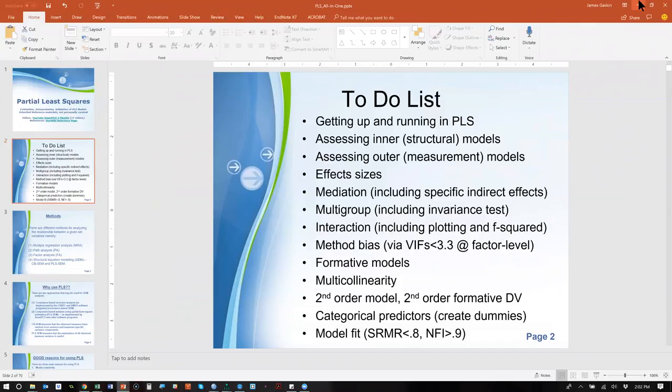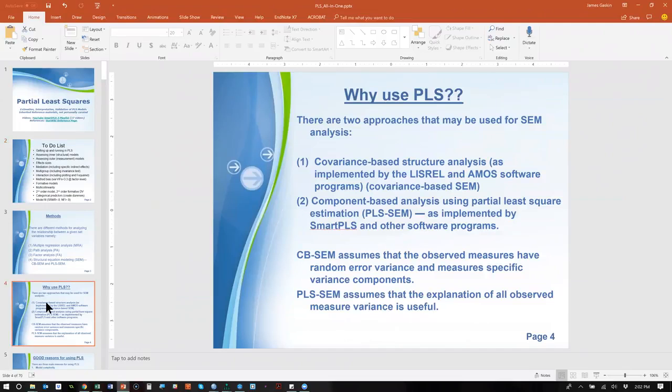Do you recommend one versus the other, PLS versus Amos? Yeah, we should talk about that. Is there a difference between SmartPLS and PLS? PLS is the algorithm, partial least squares, instead of ordinary least squares or maximum likelihood. So that's the algorithm name, but the software is SmartPLS or WarpPLS or PLS-GUI or PLS-Graph, and it goes on.